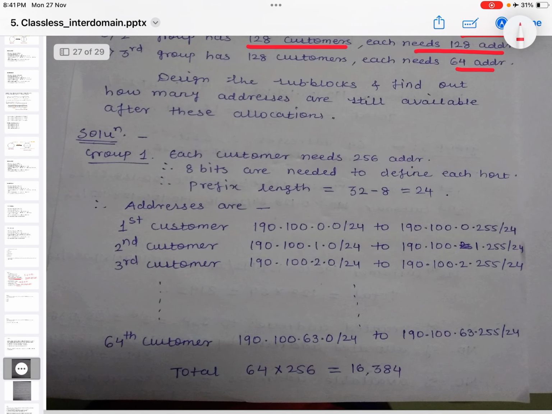So first, each customer needs 256 addresses. 8 bits are needed to define each host. The prefix length is 32 minus 8, that is 24.